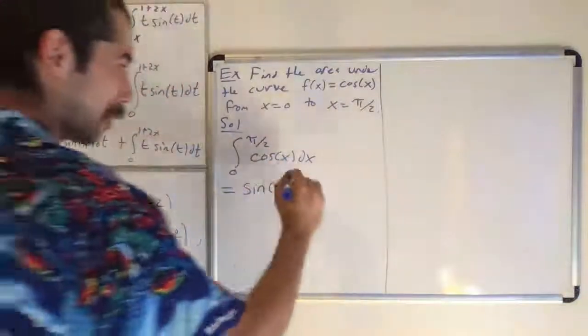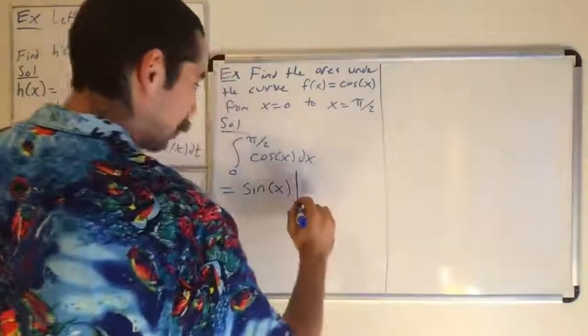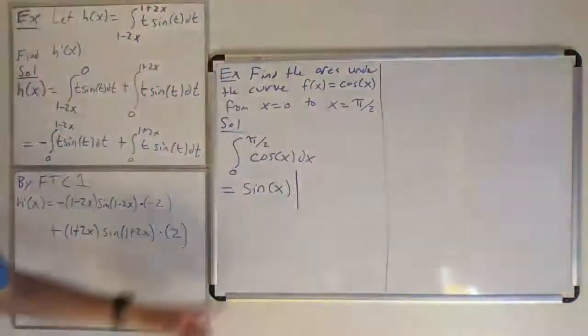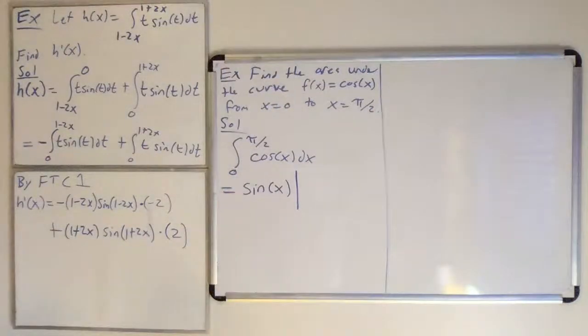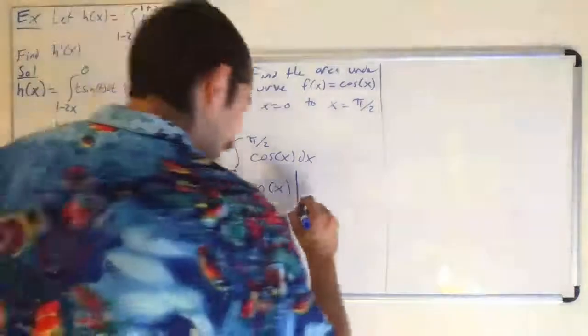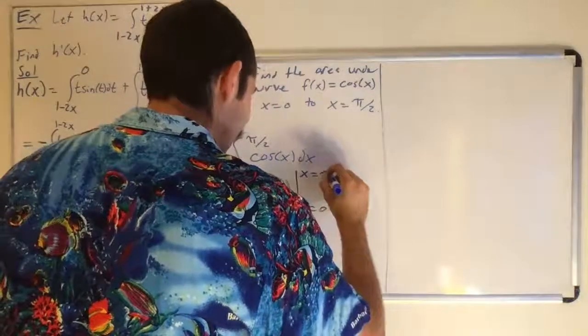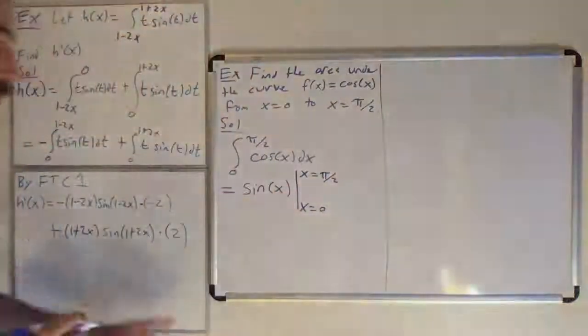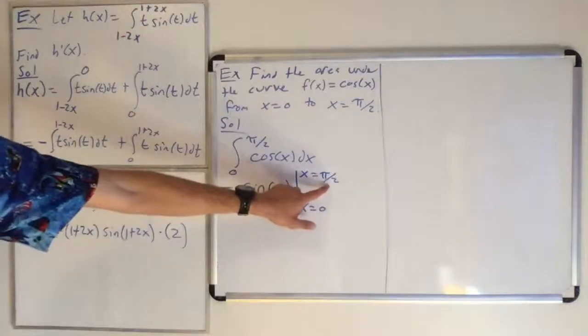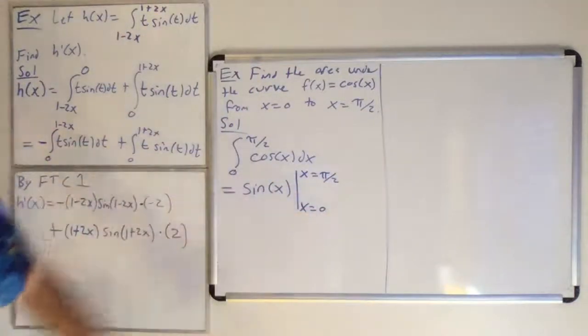And we want to evaluate, so I'm going to use some notation that we'll use quite a bit. It's a vertical line. And it says we want to evaluate at x equals pi over 2 and x equals 0.